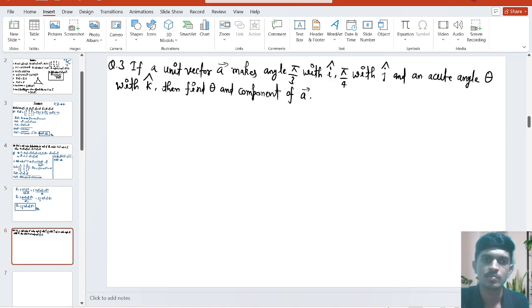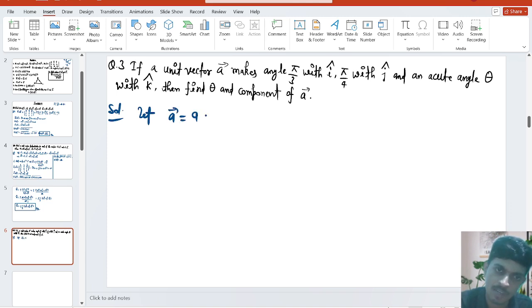Solving the next question. If a unit vector makes angle pi by 3 with I cap, pi by 4 with J cap, and an acute angle theta with K cap, then find theta and the components of vector A. Solution: let vector A equal A1 I cap plus A2 J cap plus A3 K cap.